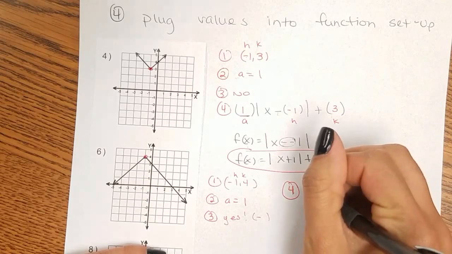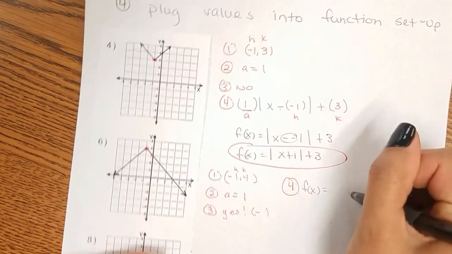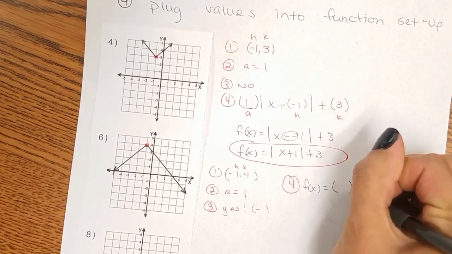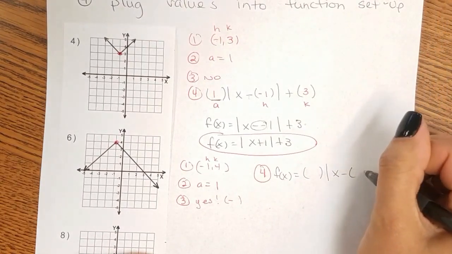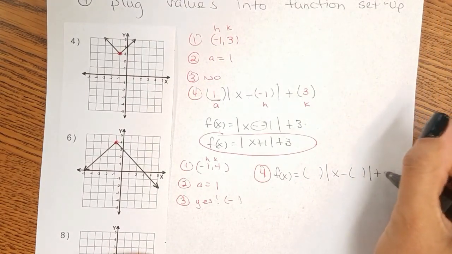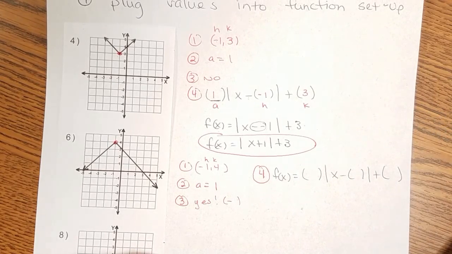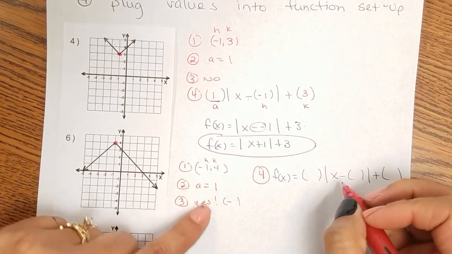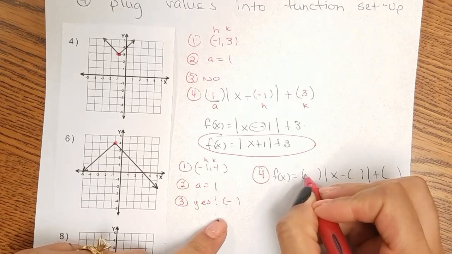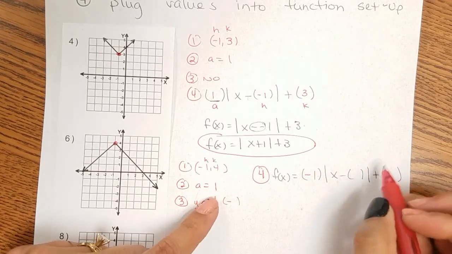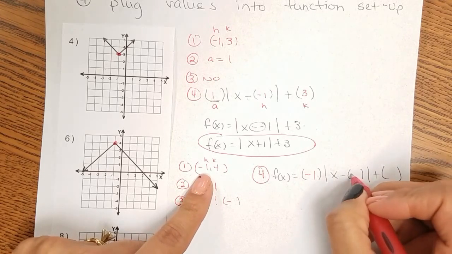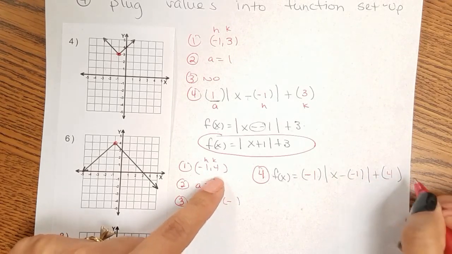So I have f of x is equal to parentheses out front, absolute value x minus parentheses for your h plus parentheses for your k, and then you just plug in. So I have a negative 1 here, my h, negative 1 there, and a 4 here.